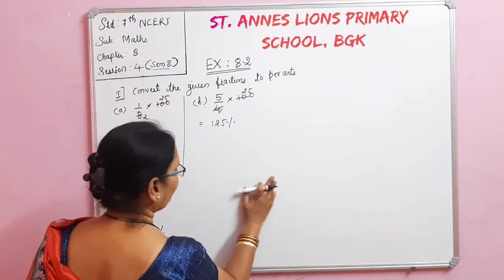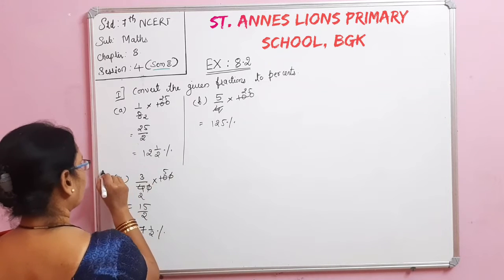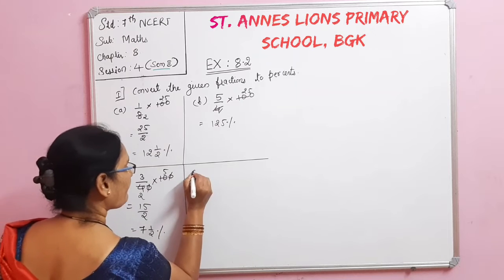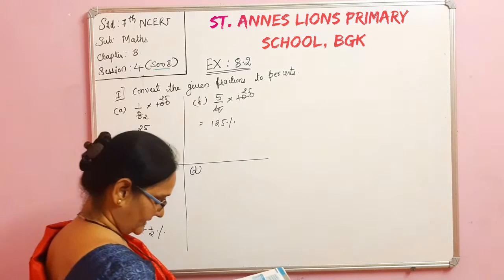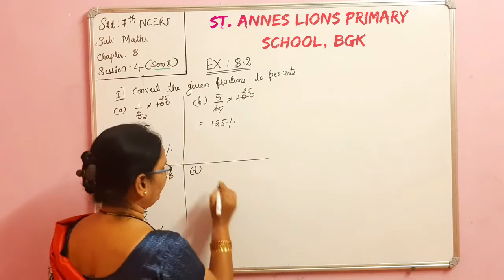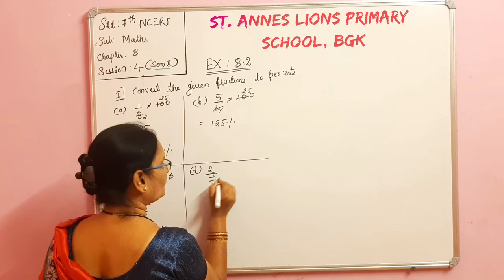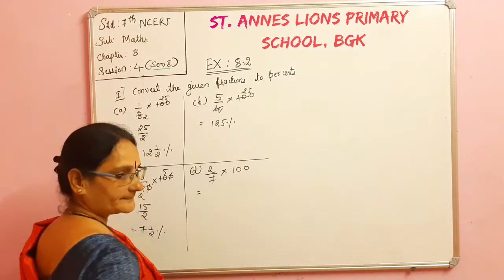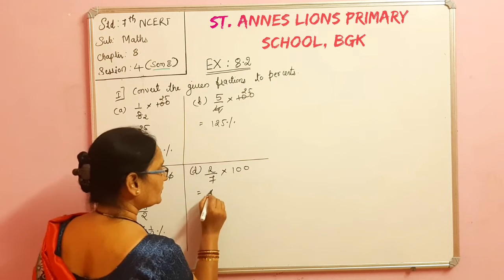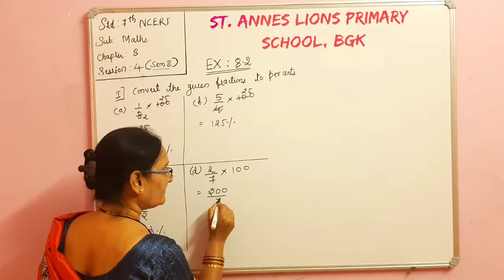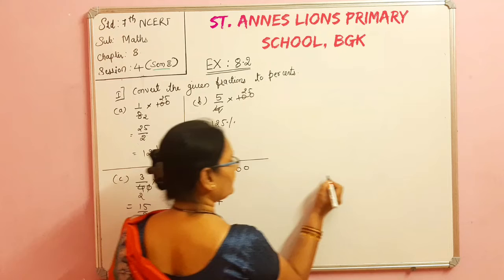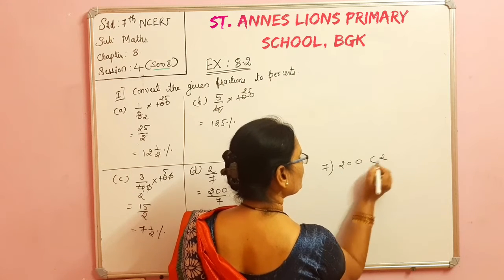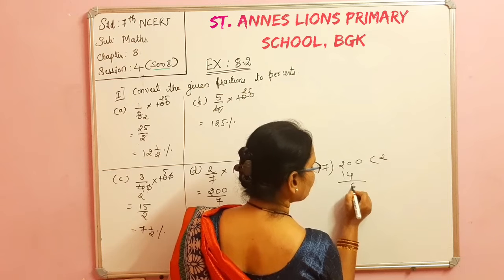The same way we will do the fourth one, that is D, 2 by 7. 2 by 7 into 100. See, now we cannot cancel it here. What to do? 100 into 2 is 200 divided by 7. Now we will divide here in the working column. 200 divided by 7. 7 twos are 14, here 6 remain.